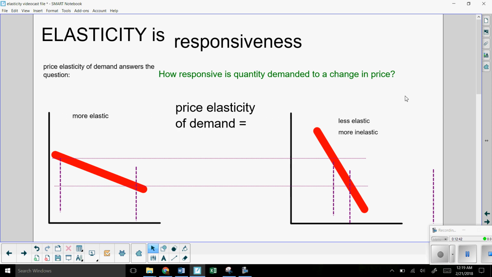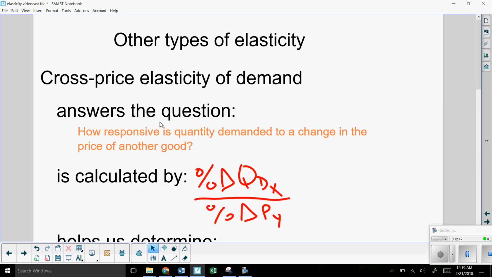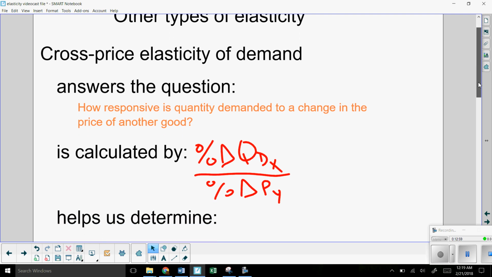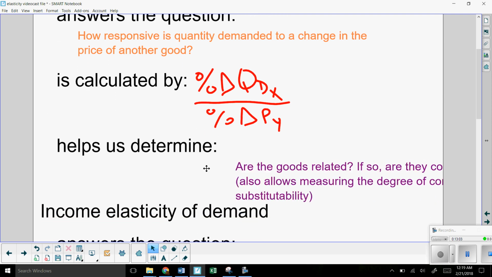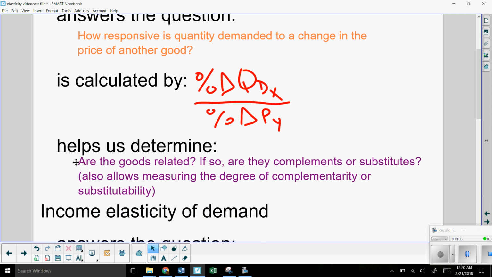Numerator, denominator. Come back over here. What's the numerator? Quantity demanded of our main good, good X. What's the denominator? Price of our other good, good Y. So what we're doing is we're kind of testing how related are those goods. And depending on what we get as a result of that test, we'll know if they're complements or substitutes.